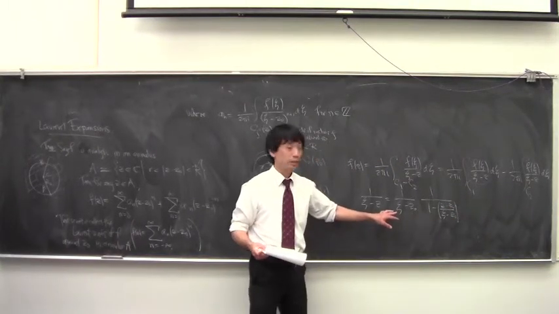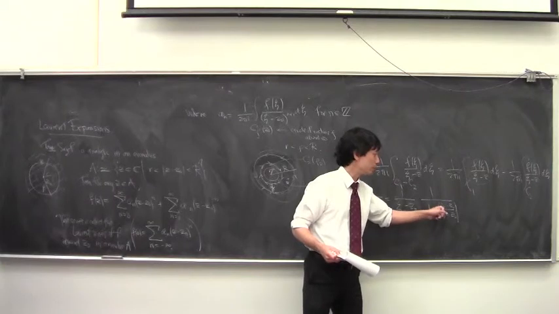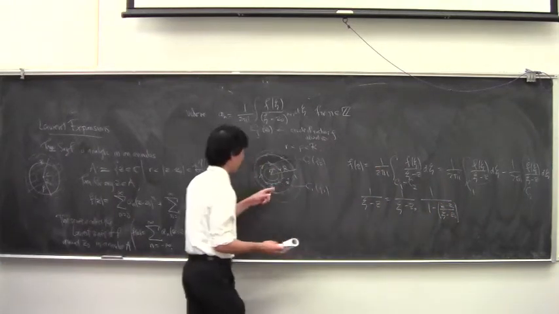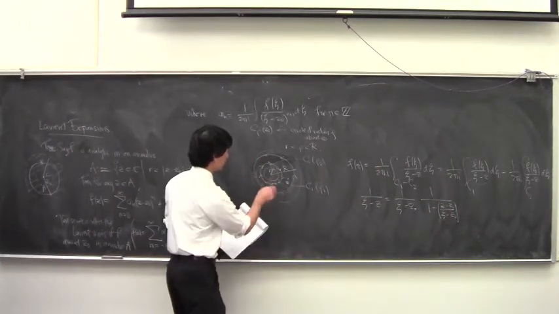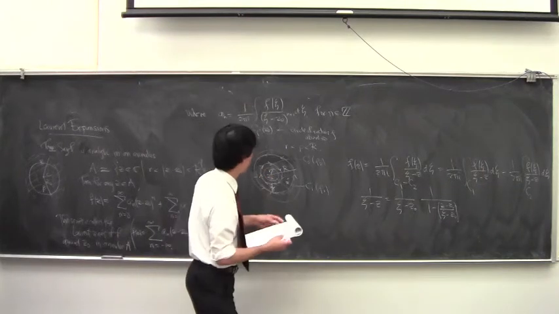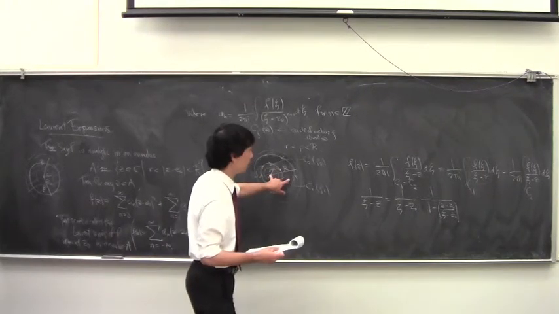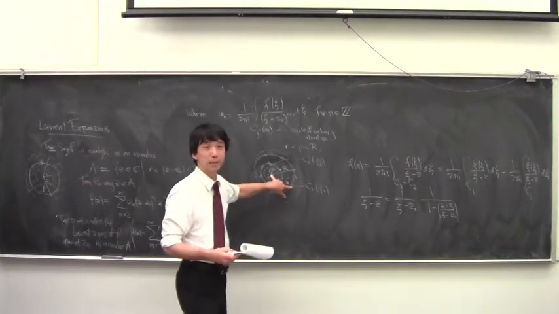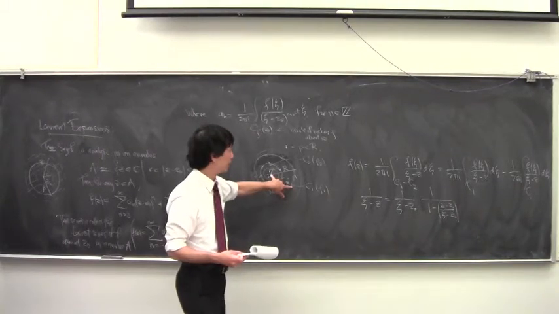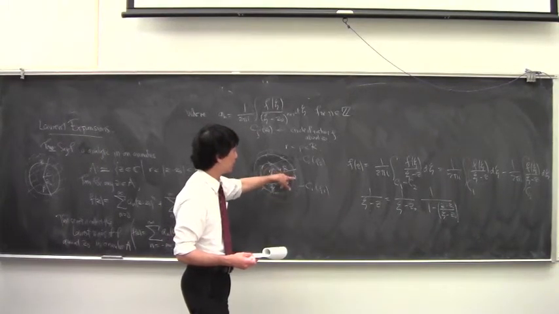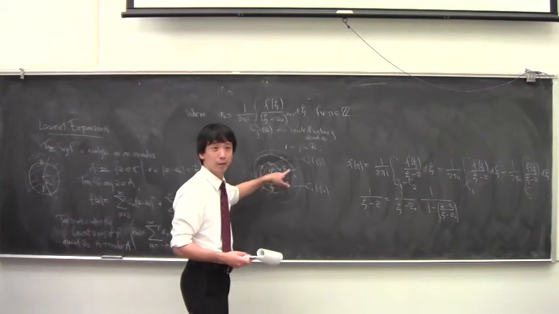And you see that this thing converges because z minus z naught is strictly smaller than zeta minus z naught, because zeta is now on the bigger ring.